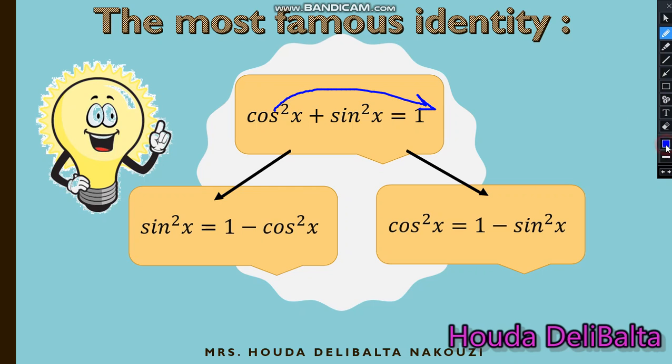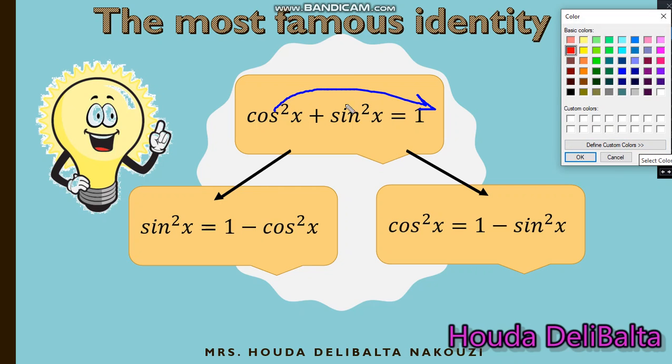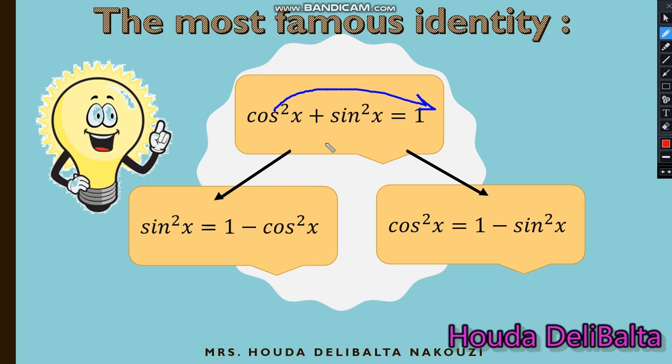And the other one is about cosine squared x, and it's equal to 1 minus sine squared x, as if I take sine squared x to the other side to keep cosine squared x alone, and thus I get that cosine squared x is equal to 1 minus sine squared x. Keep them in mind, we are going to use them every time we need to prove identities.